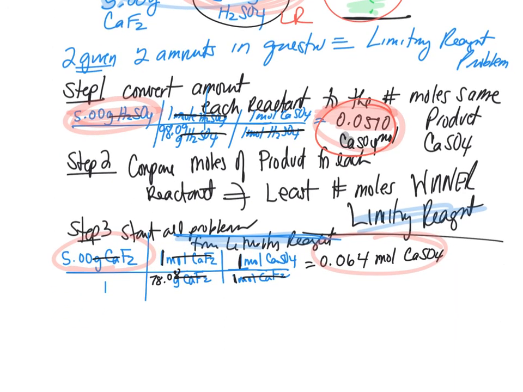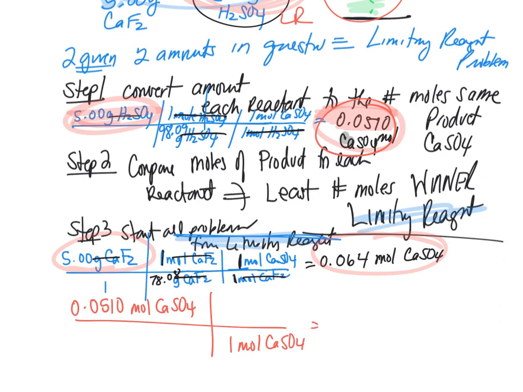Now I can do 0.0510 mole of calcium sulfate, and for 1 mole of calcium sulfate, how many grams of calcium sulfate do I get? So I look at my periodic table for molar mass, and I see I have 4 oxygens times 16 is 64, plus 32.07 for sulfur, plus my calcium is 40.08.